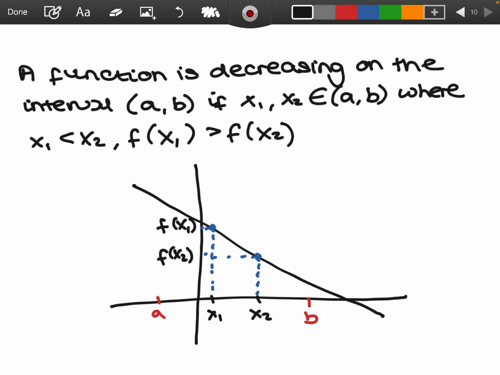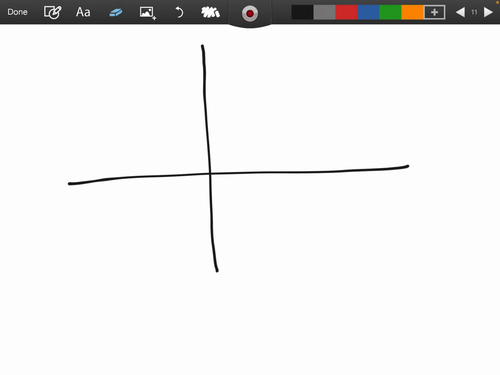What about a constant function? What does that look like? That is literally going to be this horizontal line, like that.